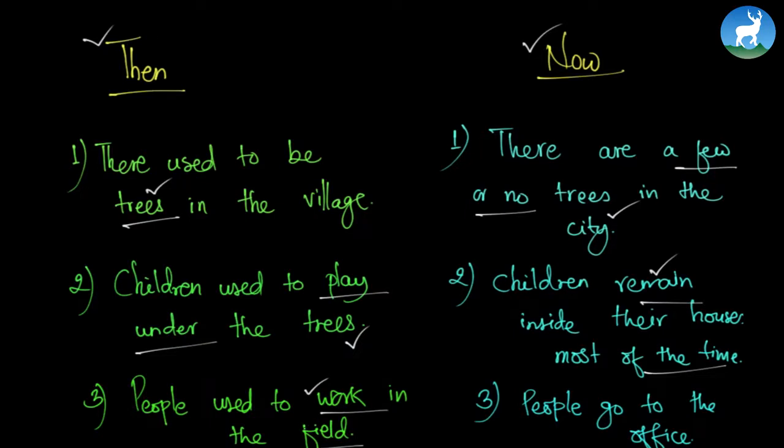They used to produce many different kinds of food. Now people go to office. Since there's no agricultural land available in the city, there are only buildings, there are only offices, so people go and work in the office. So people are no longer farmers. They no longer till the earth. Alright, these are some of the differences between 30 years ago and now.